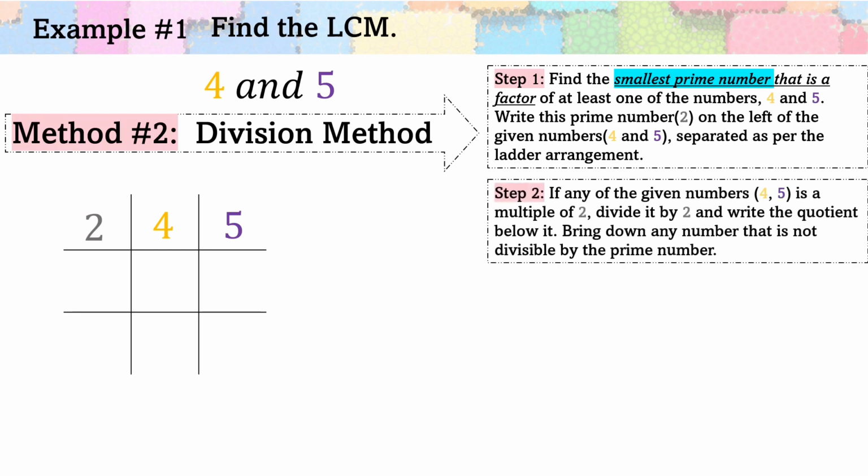Step 2. If any of the given numbers 4, 5 is a multiple of 2, divide it by 2. So 4 divided by 2 is 2. Write the quotient below it. Then bring down 5, since it is not divisible by 2.